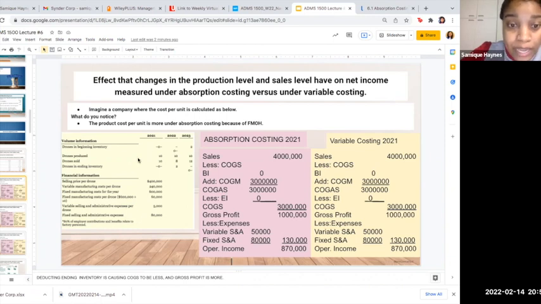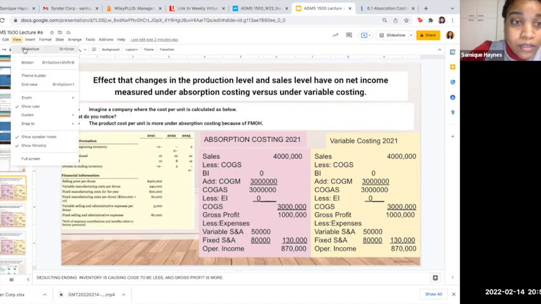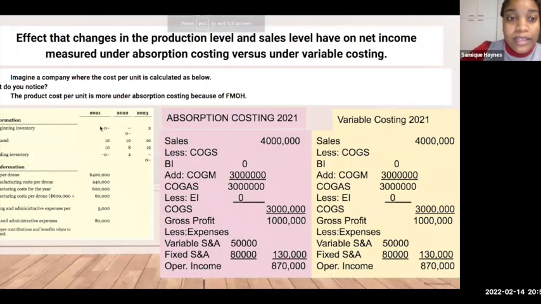This I got from your textbook: 2021, 2022, and 2023. In 2021, beginning inventory is 0 and ending inventory is 0, because we produced 10 and we sold 10.